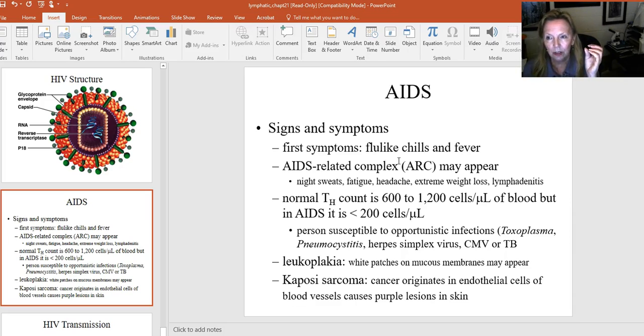There are certain types of sexual encounters that make it a higher risk of transmission. Anytime there are membranes that can be broken and there can be blood transfer, there's going to be a higher risk of transmission. There are also certain demographics where we see the numbers increasing most.